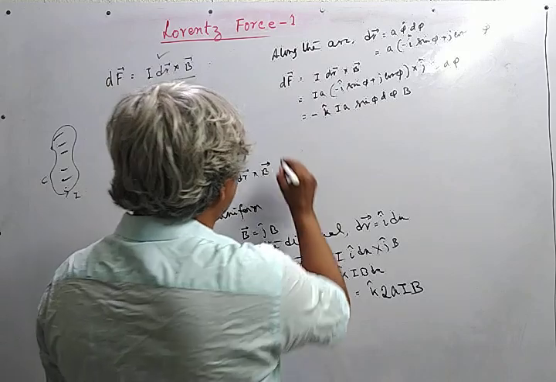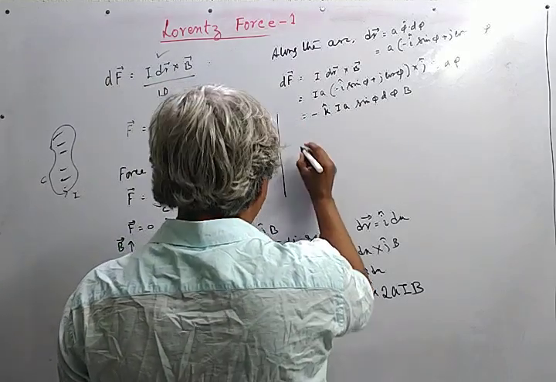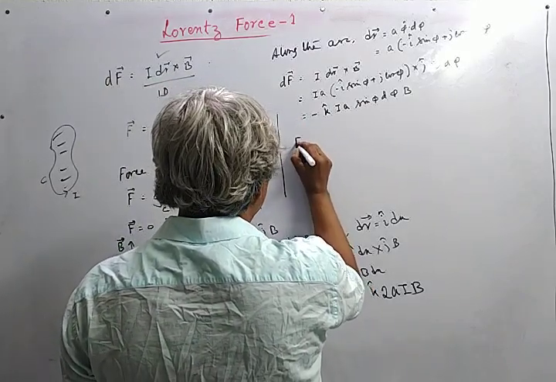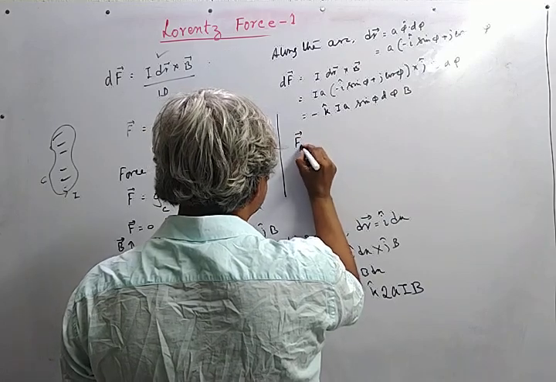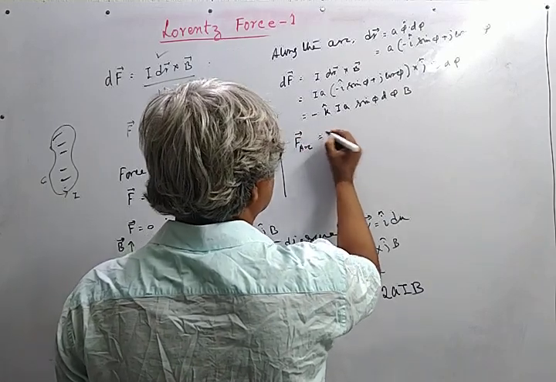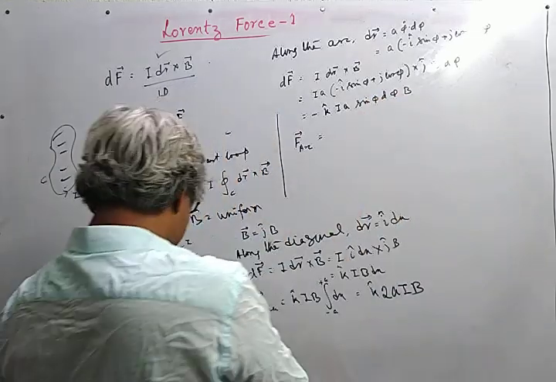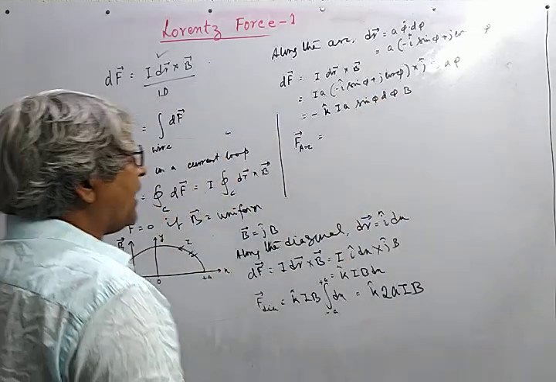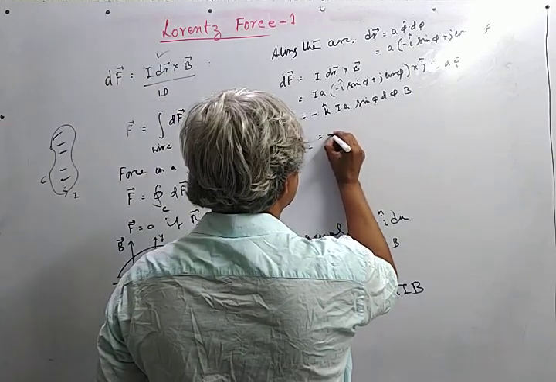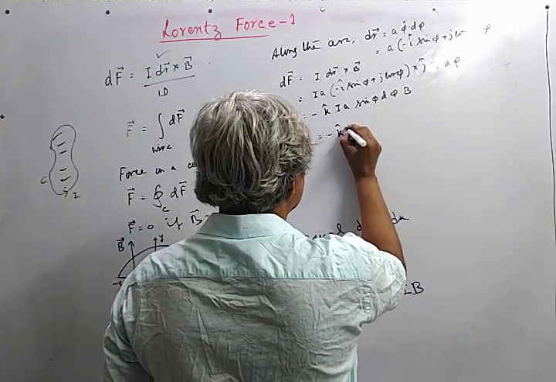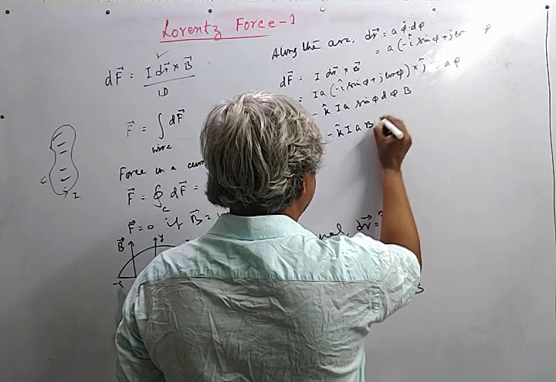So the total force on the arc we get by integrating from phi equal to 0 to pi.